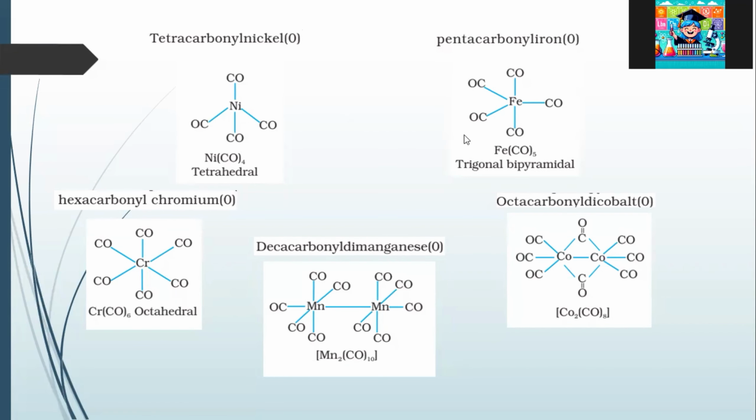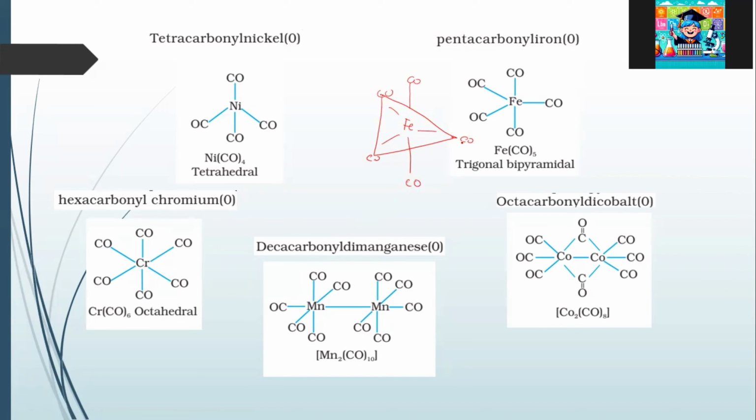Now coming to pentacarbonyl iron. So iron is the central metal atom and there are 5 carbonyl groups. They have this structure, a trigonal bipyramidal. That means the iron is at the center of a triangle whose 3 corners are occupied by the carbonyl groups, and two carbonyls are arranged so that one is above the plane of this triangle and one is below the plane of this triangle.